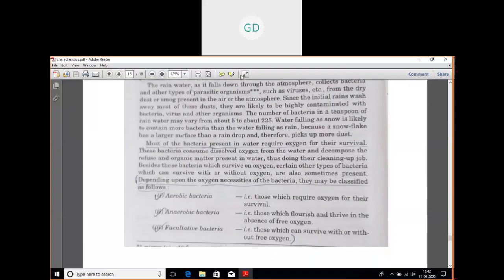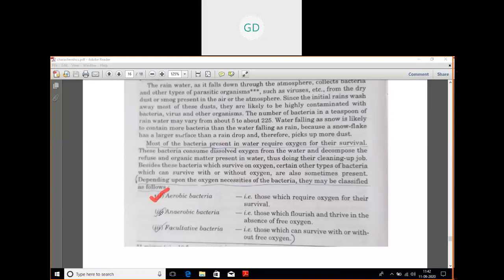These three bacteria I would like to explain. In water, bacteria are divided into three types depending upon their oxygen necessities. Number one is aerobic bacteria, the bacteria which require oxygen for their survival.